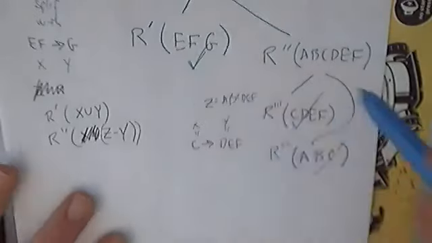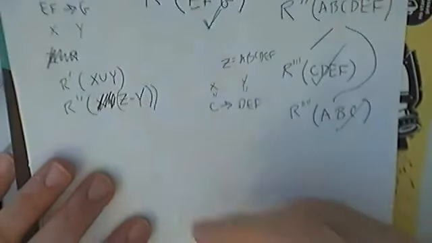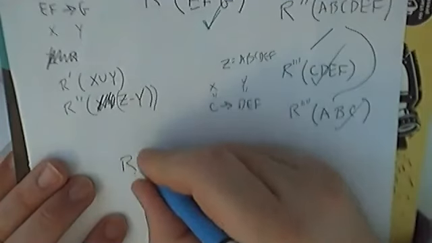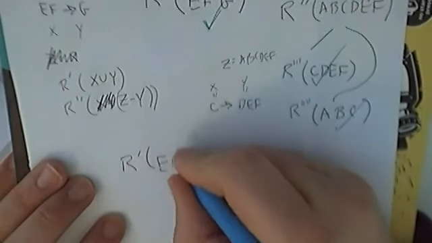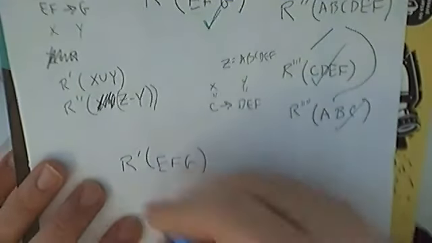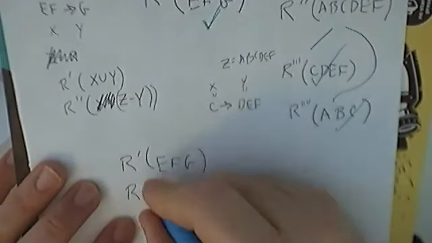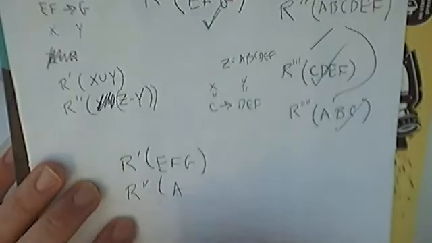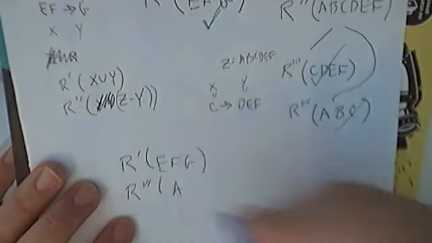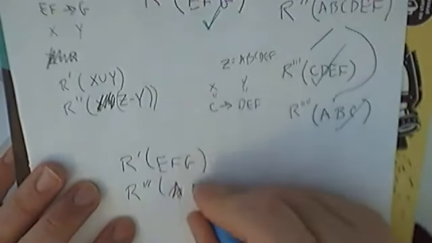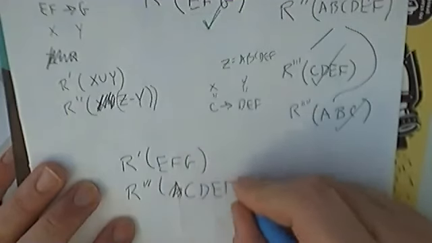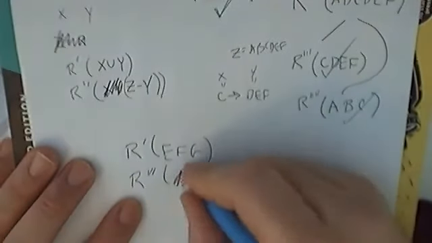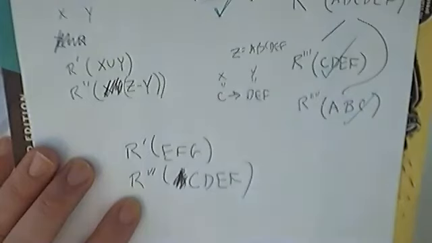Therefore, when we just harvest the leaf nodes here, we get R prime, E, F, G, and we get R triple prime, because we're harvesting the leaves here: C, D, E, F, right?